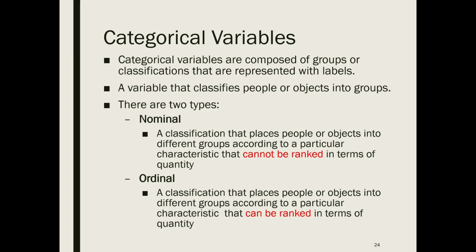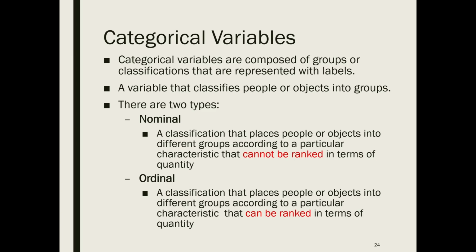So the names of each person, or even animals or objects, will most likely be nominal variables. For example, race: white, black, Asian, these are names. You can't say white is higher than black or black is higher than white, right? So race is also a nominal variable that cannot be ranked.